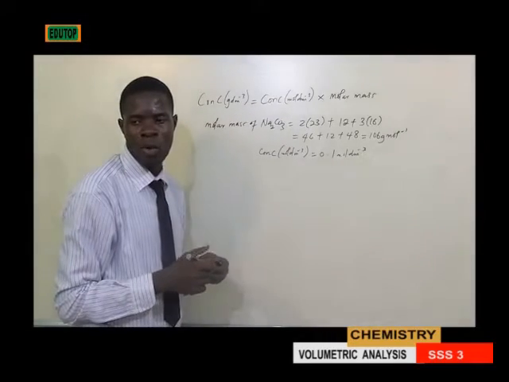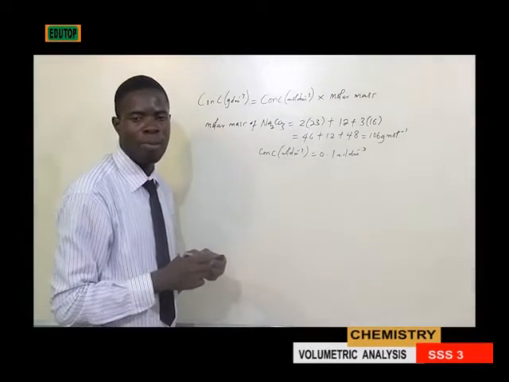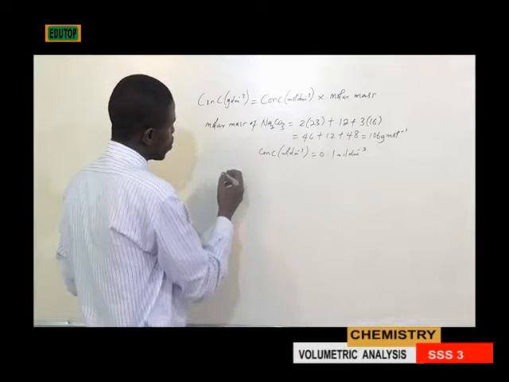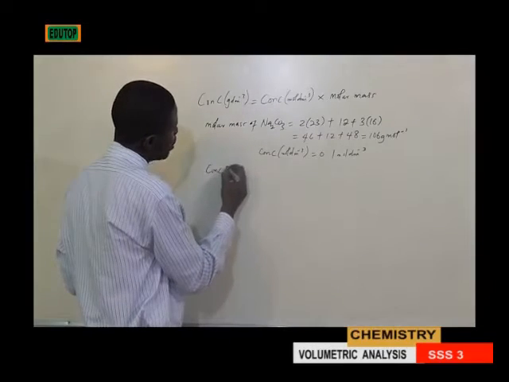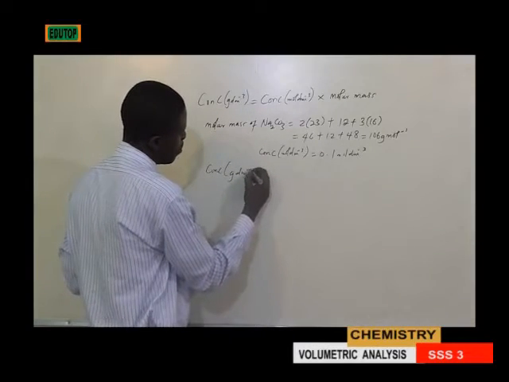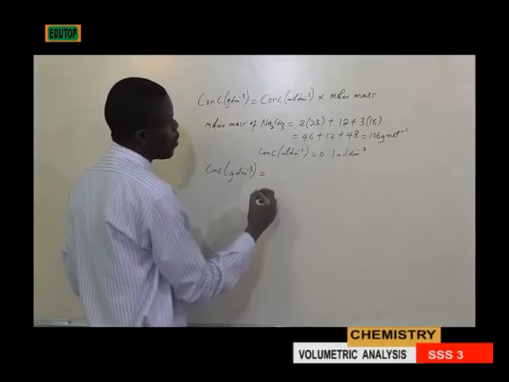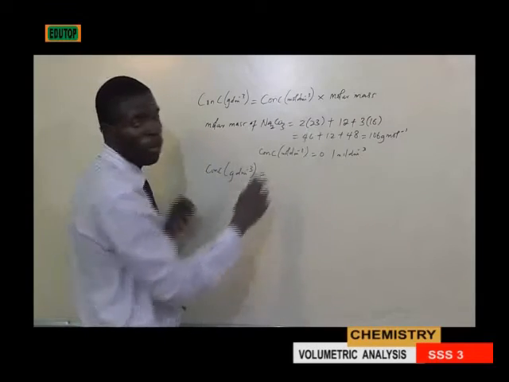Since we are asked to look for the concentration of the base, which is P, the concentration in gram per dm cube of the base will automatically be the concentration of the base.